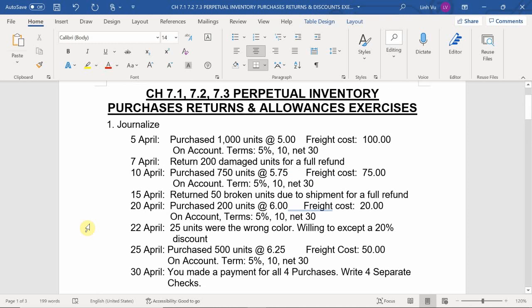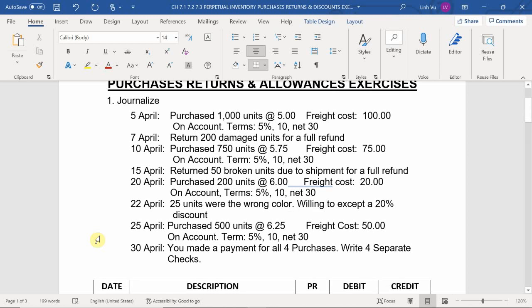So then on April 20th, we end up purchasing 200 more units for $6 each, with the freight costing $20 on account. Terms were 5%, 10, net 30.